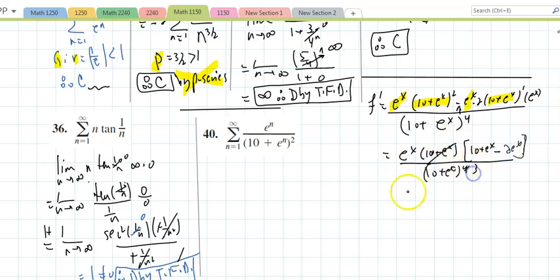This cancels one of those, so I'm left with e to the x times 10 minus e to the x divided by 10 plus e to the x cubed.